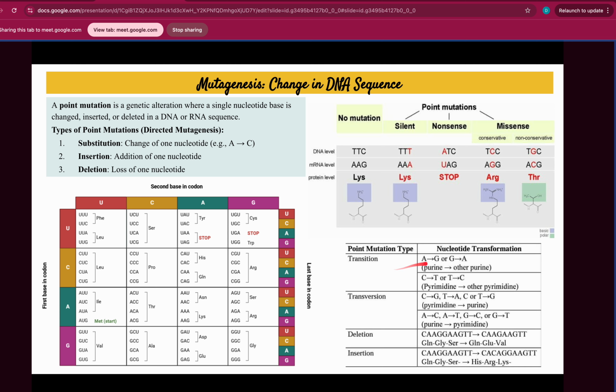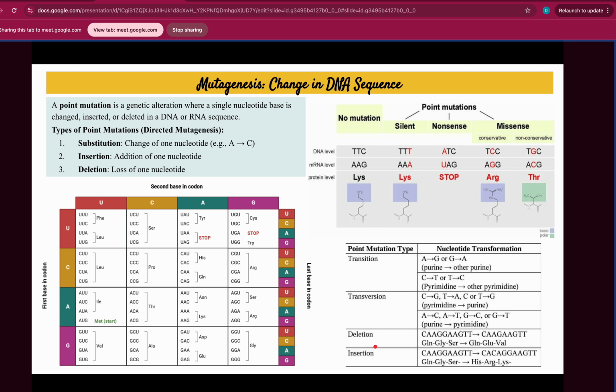Transition means that you are changing a purine with another purine, or a pyrimidine with another pyrimidine, such as C with T or T with C, and A with G and G with A. So these are known as transitions. Transversion means that you are changing a pyrimidine with a purine. So you are changing the type of the nitrogenous base. That type of change is known as transversion.